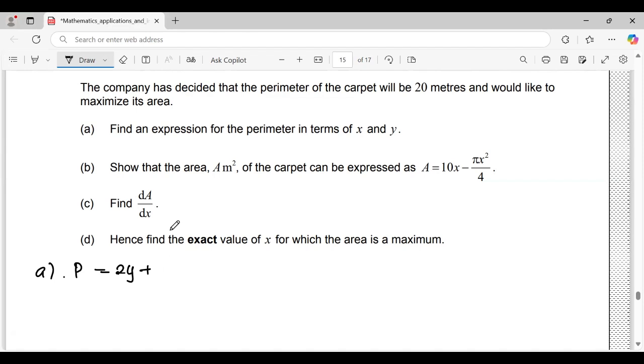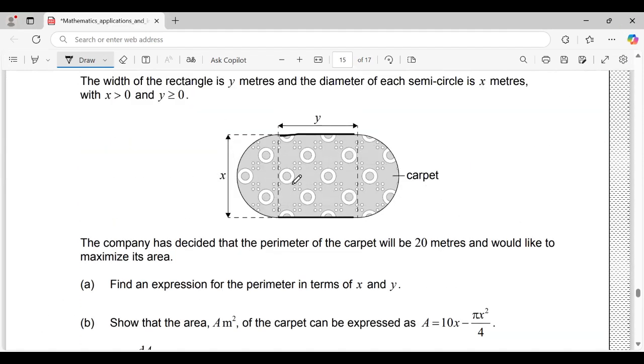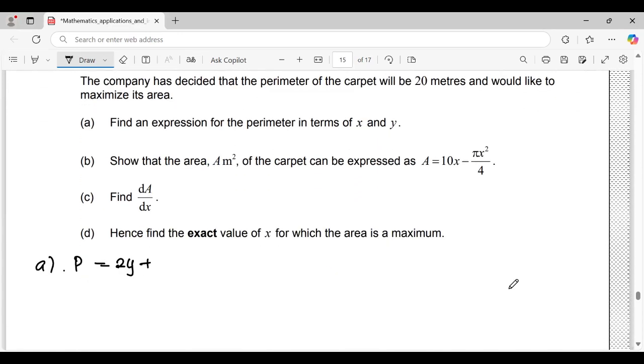plus the perimeter of a circle, because one semicircle plus one semicircle equals one circle. So the perimeter of the circle is 2 pi times the radius half x.